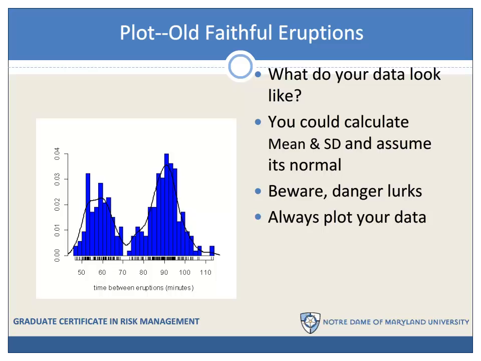So the point I would like you to take from this is a very simple one. Always plot your data. Always take a look at your data. Those bars that you see there, the vertical blue bars, are called bins. And if you have too few bins, it can distort the way your data look. If you have too many bins, it can distort the way your data look.